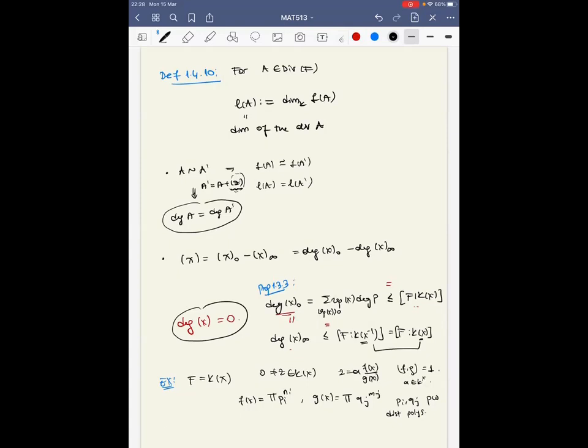And in this case, the principal divisor of z will contain the zeros of z, counting their multiplicities. Here P_i denotes the place with prime element p_i(x), an irreducible polynomial.